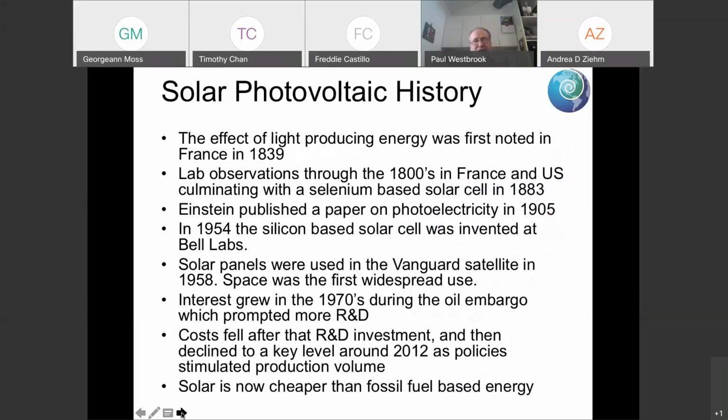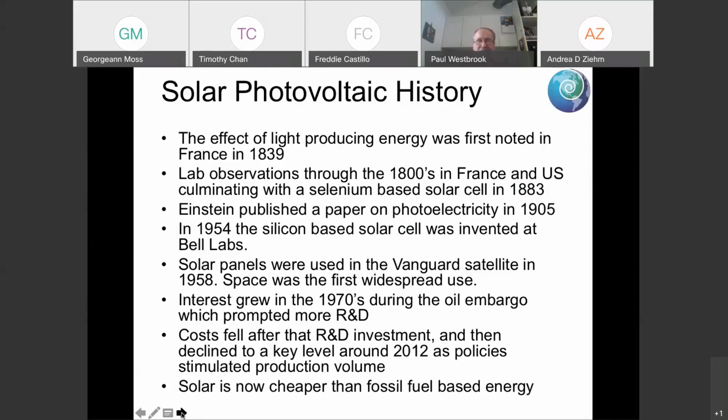It's pretty interesting. People think of it as fairly new, but the first effect of light producing energy was noted in France in 1839. There were observations during the 1800s in France, and there was some work with selenium-based solar cells back in the 1800s. And some guy named Einstein, who had his hand in a lot of stuff, published a paper on photoelectricity in 1905.